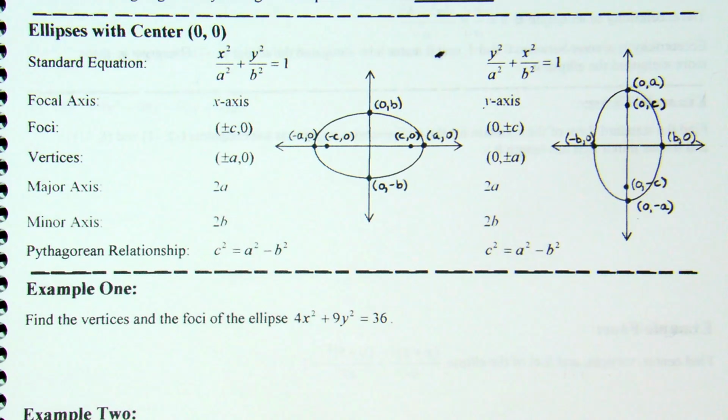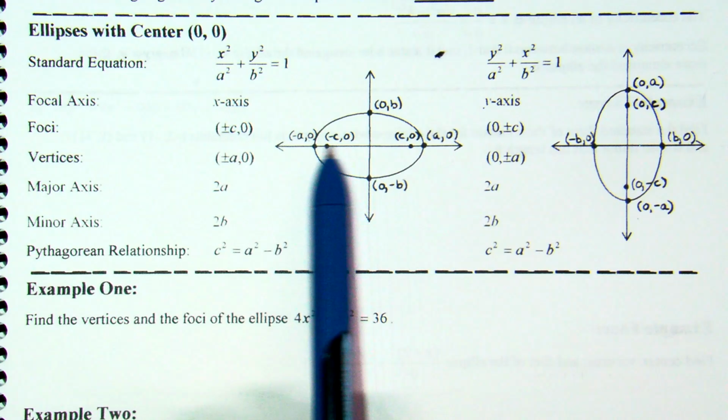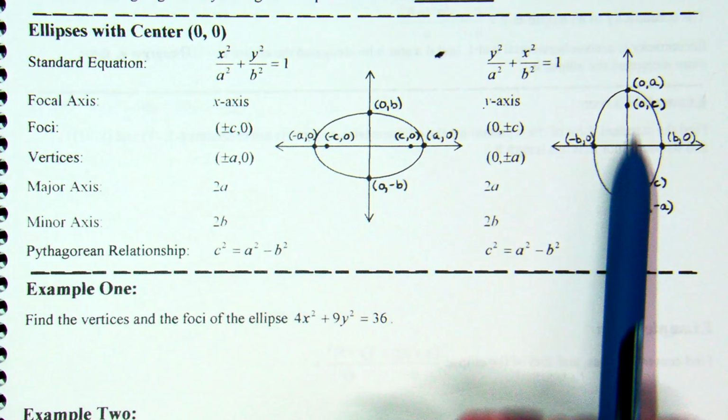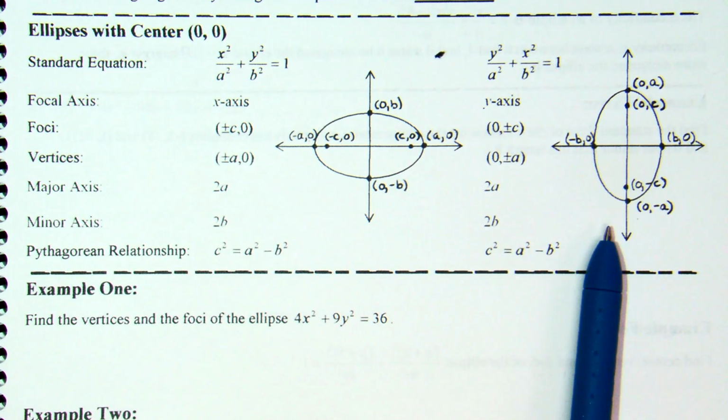Which way is the longer axis? The first column is what I call a horizontal ellipse because the longer axis is horizontal. The second column, the ellipse is standing on its end, and it's more of what I would call a vertical ellipse. The major axis is vertical.